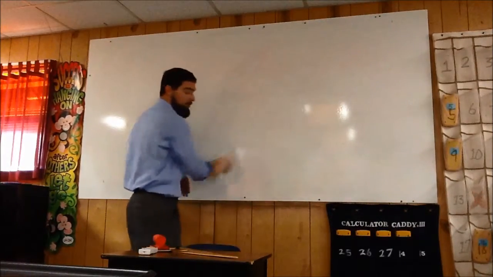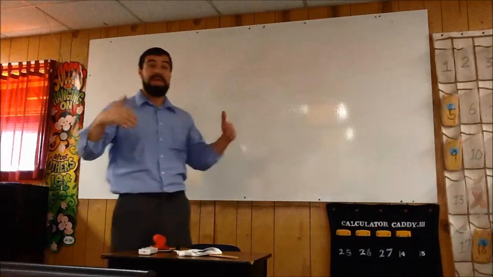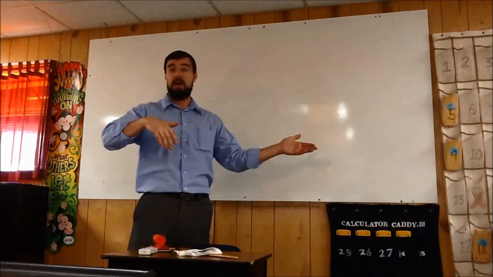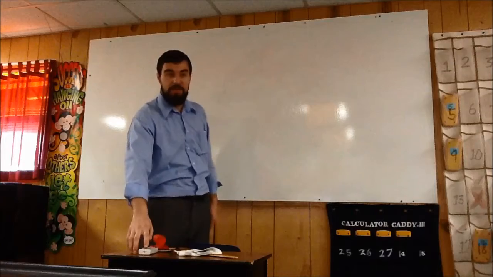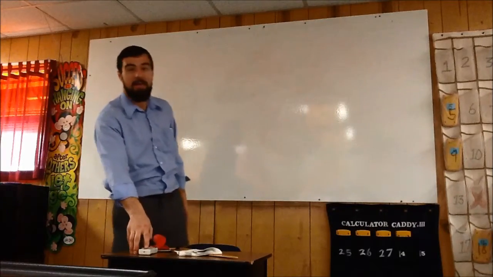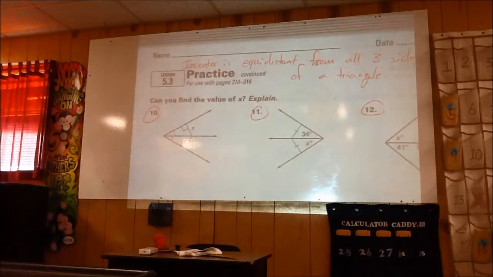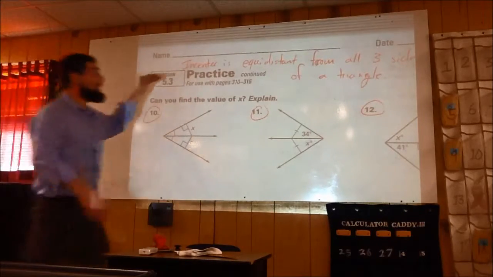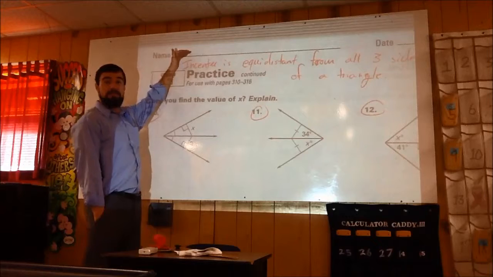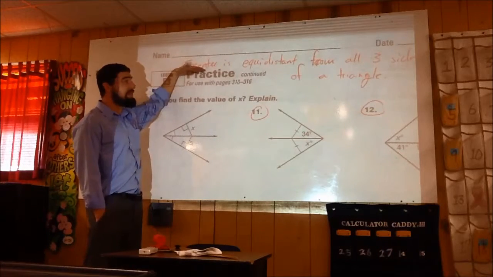And then to the right of that, put POC, which stands for point of concurrency. What is the point of concurrency for your angle bisectors? Yep, incenter. So at the very top, you should have angle bisectors. Point of concurrency is the incenter.